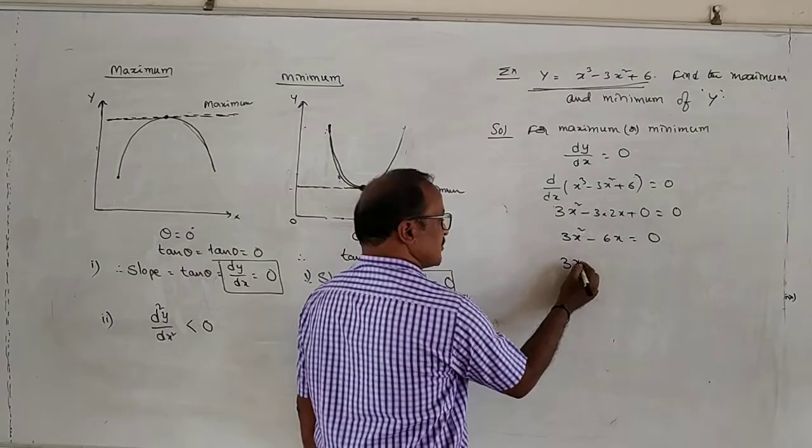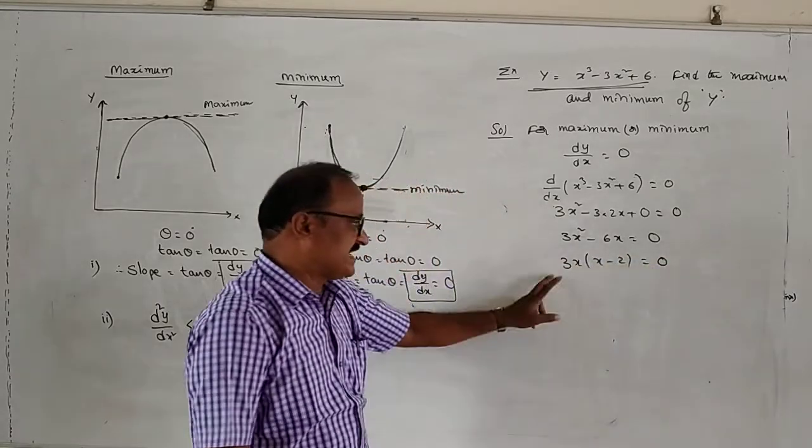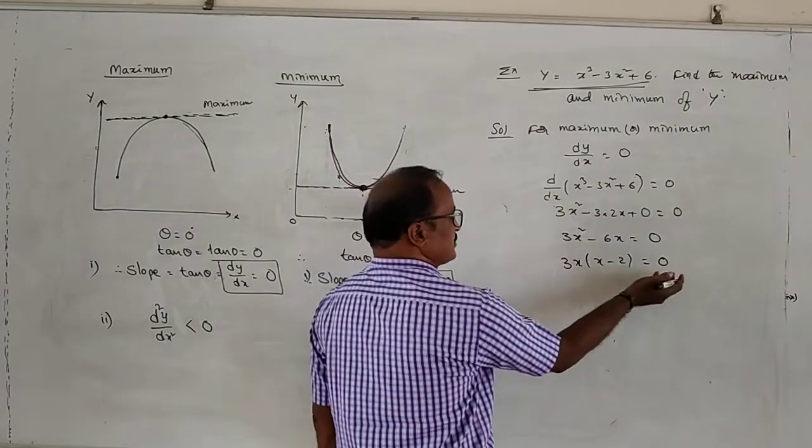Here 3x is common, so this can be written as 3x into x minus 2 is equal to 0.